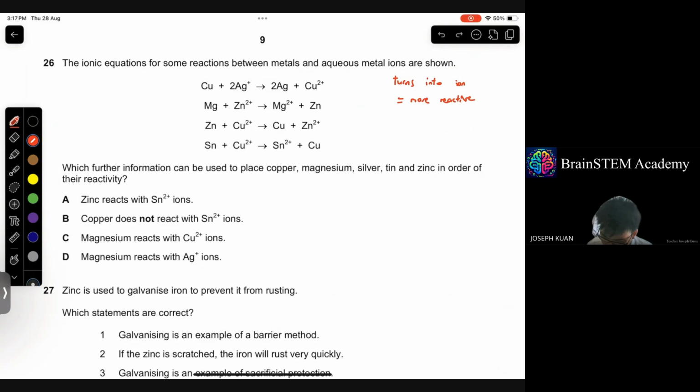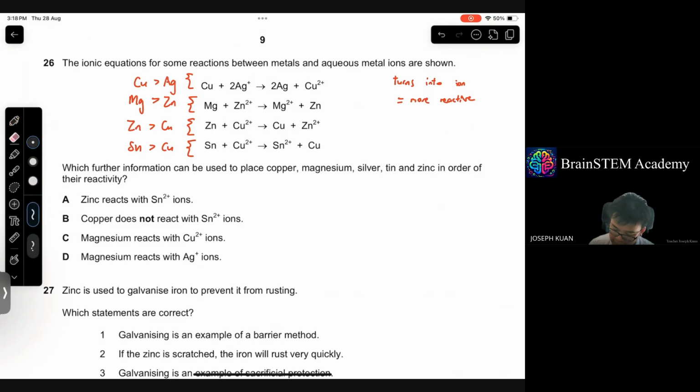So from here, we can see that based on each equation, copper is more reactive than silver. The second shows you that magnesium is more reactive than zinc. The third shows you that zinc is more reactive than copper. And the fourth equation tells you that tin is more reactive than copper.